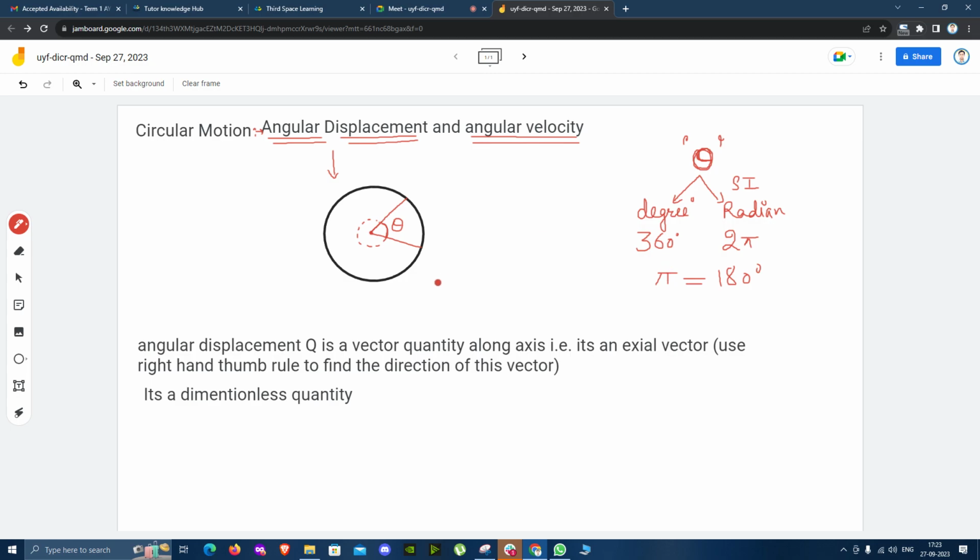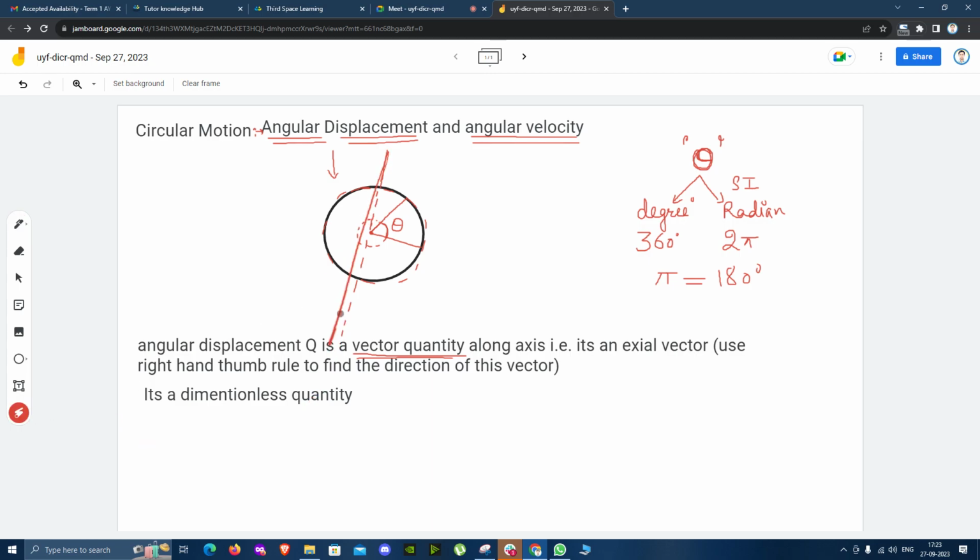Now let's talk about angular displacement. Angular displacement is a vector quantity along the axis. This is the axis. Let's consider this as a physical object, let's say a circle, so its axis will be this way, like this.